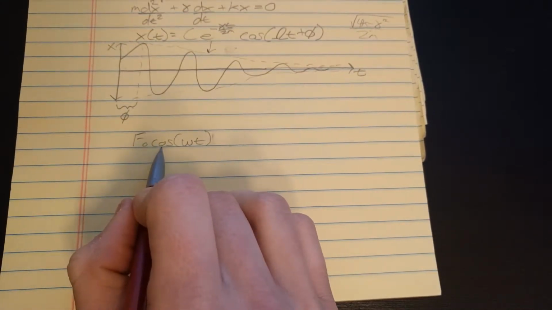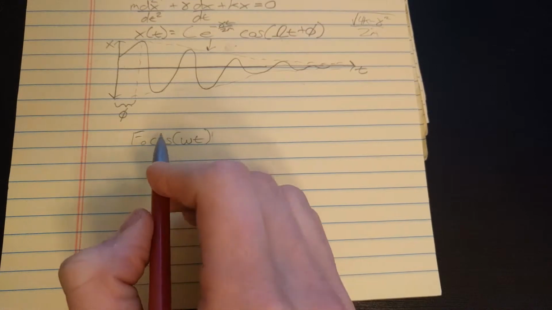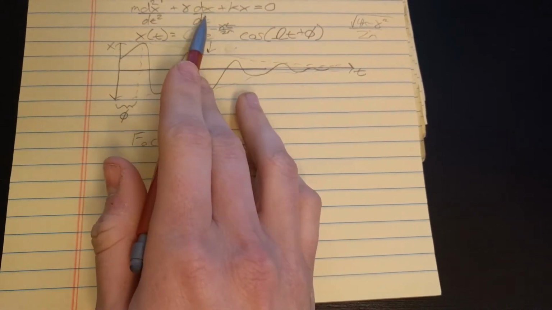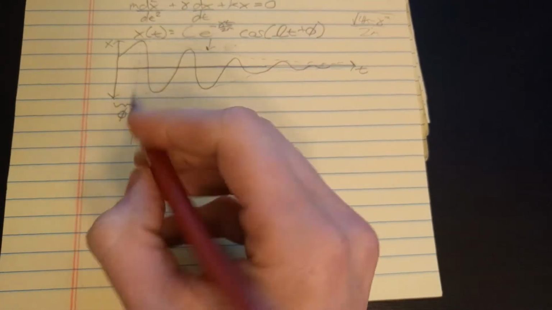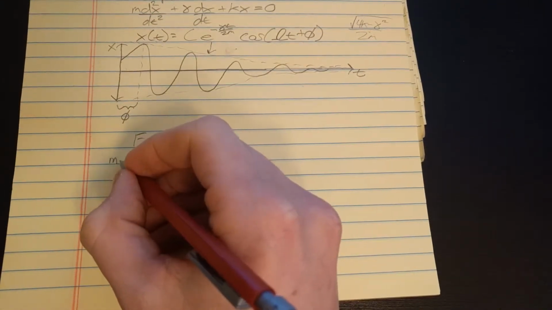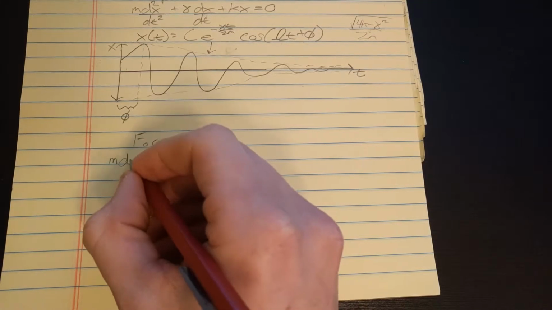Well then, this is going to change our equation here and make it what the mathematicians would say inhomogeneous. This is what it would look like.